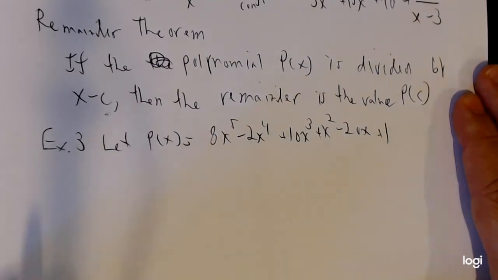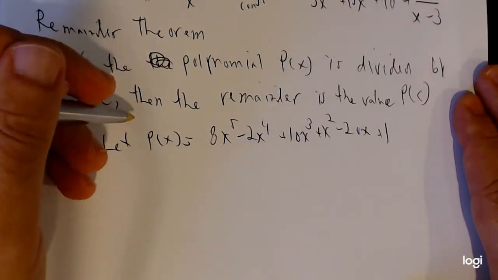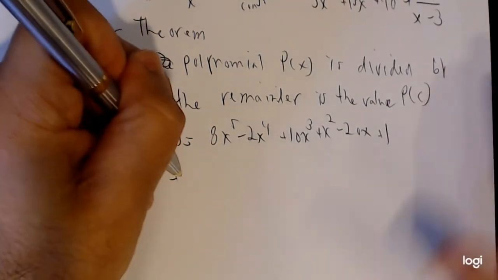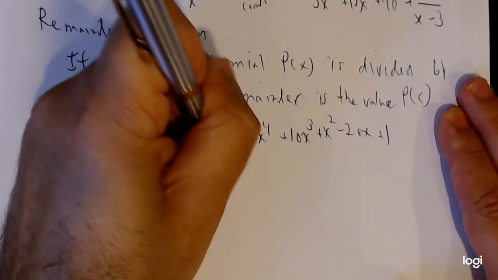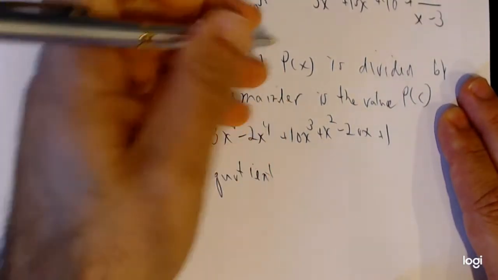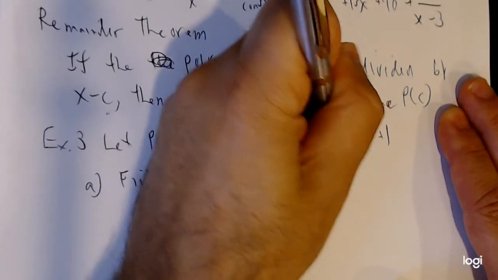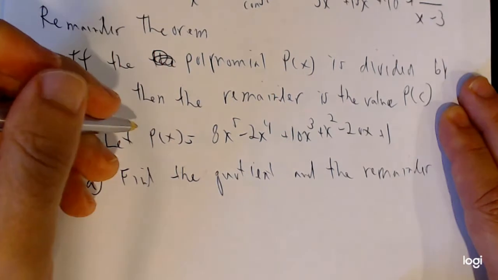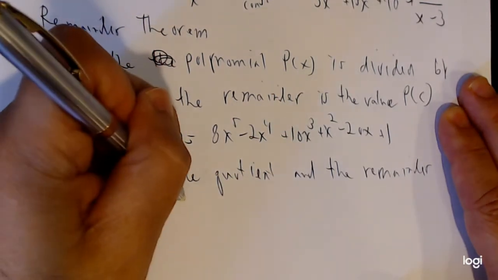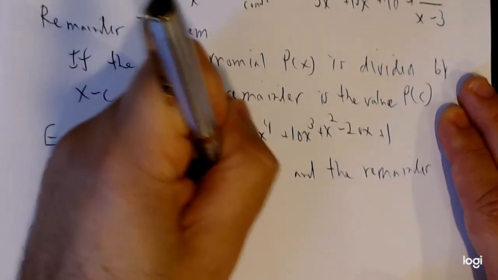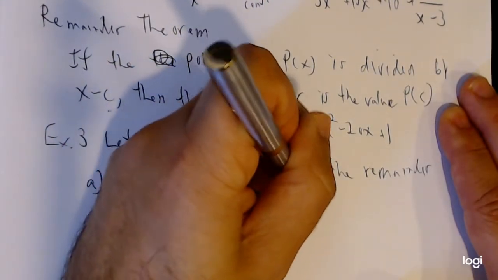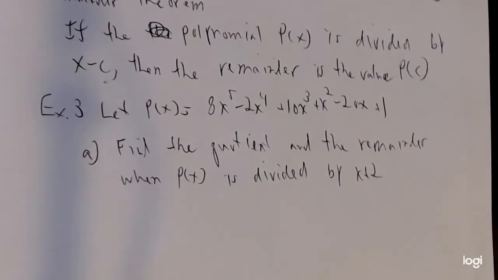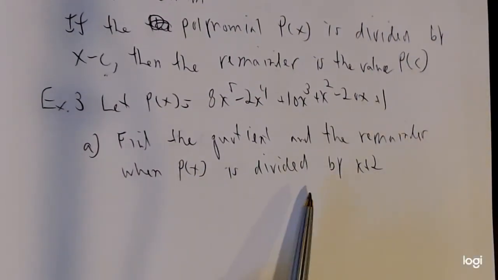Okay, so the question then becomes, for part A, find the quotient and the remainder when p of x is divided by x plus 2.